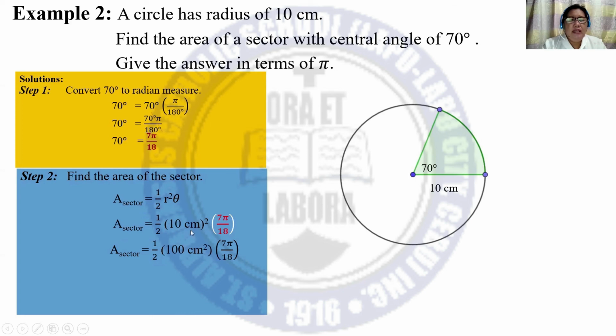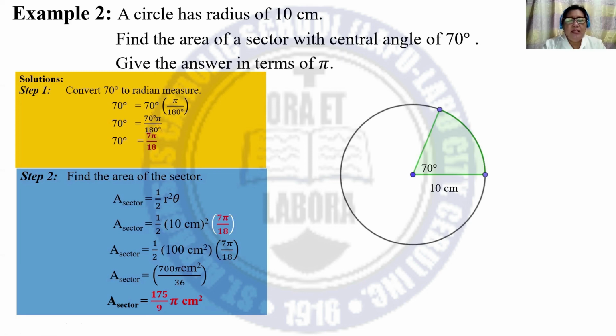So the square of 10 cm is 100 cm squared, and simplify, it's 1 times 100 times 7, it's 700, and 2 times 18 is 36. And reduce, what we have is 175 over 9 pi cm squared. The area of the sector is equal to 175 over 9 pi cm squared.